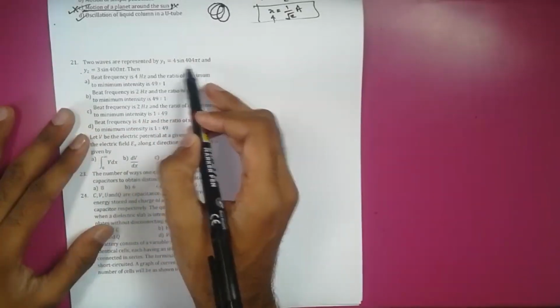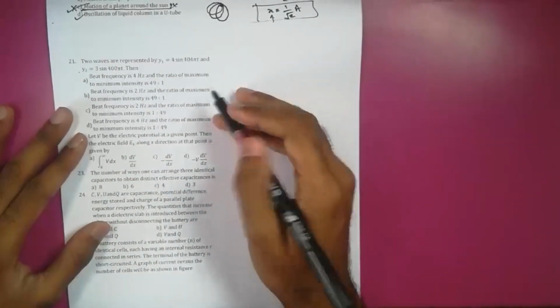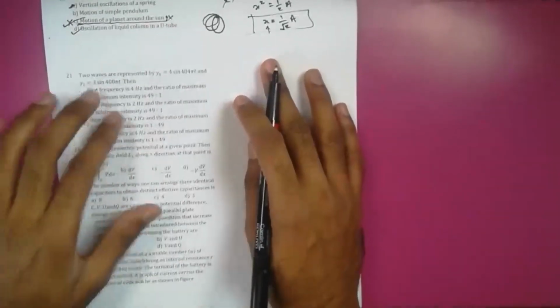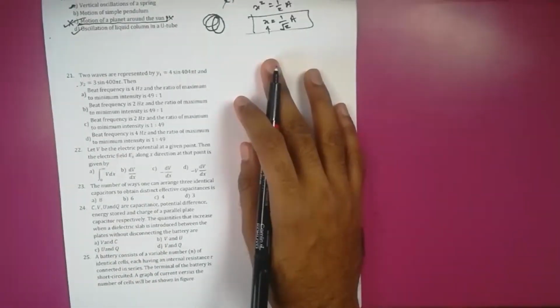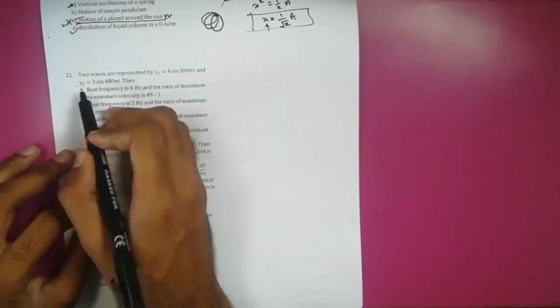So how do we find the frequency? First of all, we know omega is equal to 2 pi f. Correct? So we start with finding omega 2 is equal to 2 pi f2. Now let's find out what is omega 1 and omega 2.